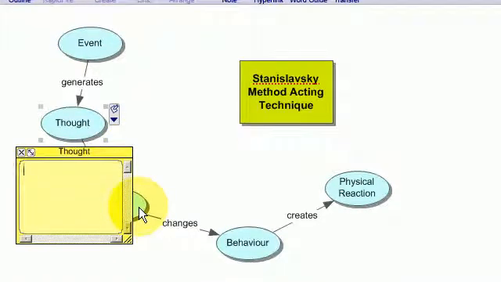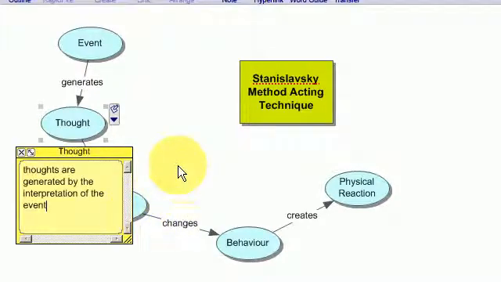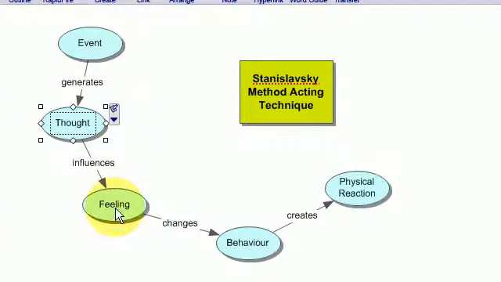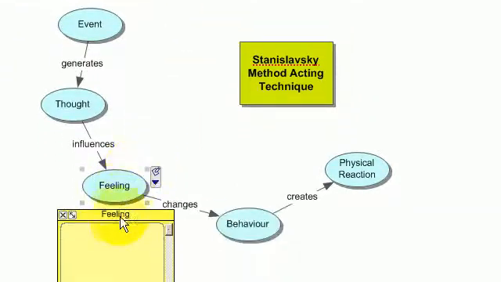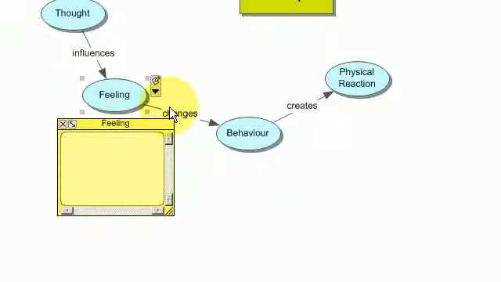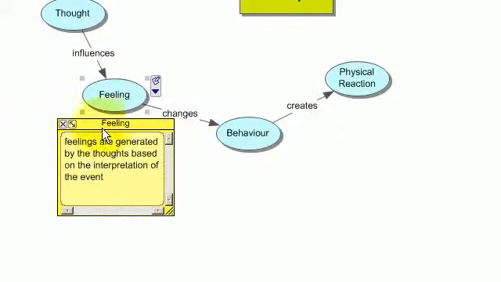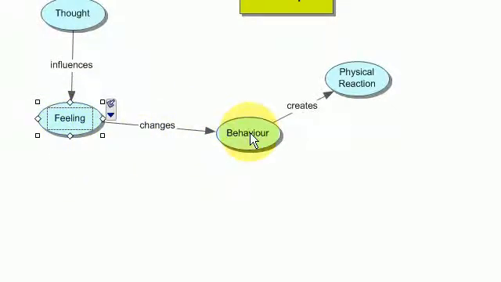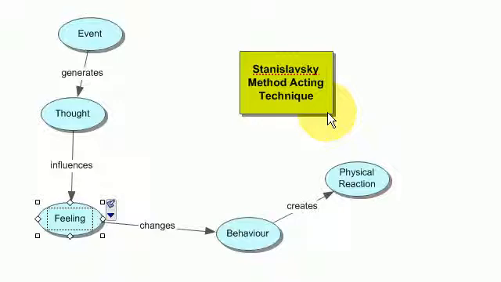Thoughts are generated by the interpretation of the event. I minimize that again. I'm going to move my symbols bar down. Feelings are generated by the thoughts based on the interpretation of the event. And so on and so forth.